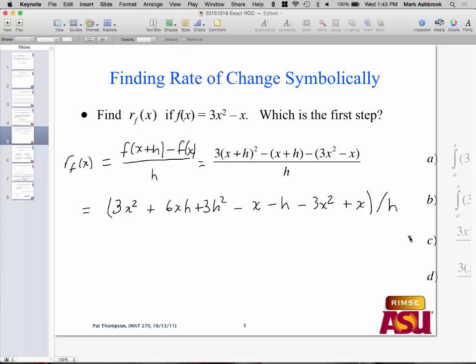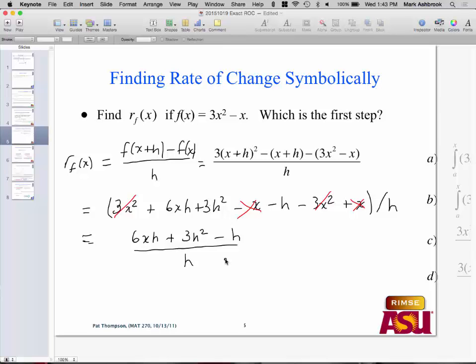Okay, so now we can simplify the numerator. How does it simplify? No, we can't factor out h yet until we see some things go away. So we got positive 3x squared minus 3x squared, minus x, positive x. Is that all that's left? So 6xh plus 3h squared minus h, all over h.